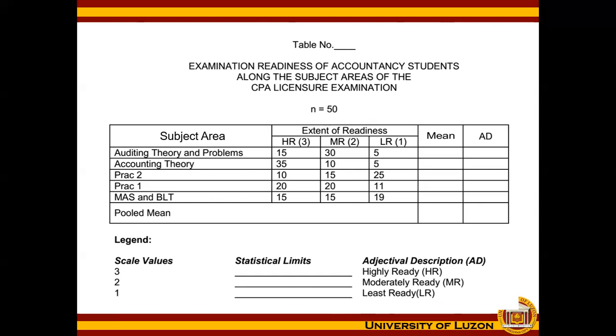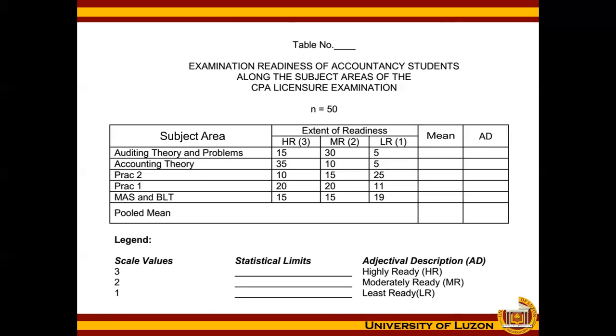So you will need to check and recheck to ensure that you enter the right figures. So let's check. For example, 35 under accounting theory plus 10 plus 5 is equal to 50. There's nothing wrong with that. So meaning your tabulation was proper.